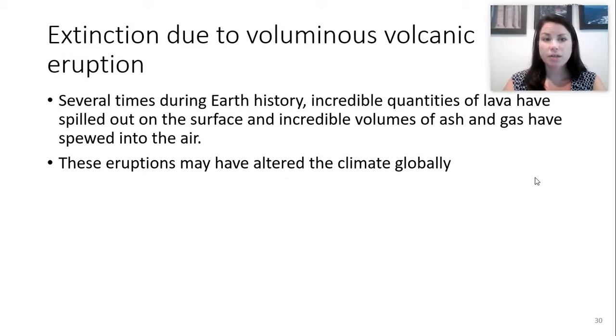Extinction due to a volcanic eruption. Several times during Earth history, large quantities of lava spilled out and created huge volumes of ash and gas that spewed into the air and changed the atmosphere. So these eruptions may have altered the climate globally.